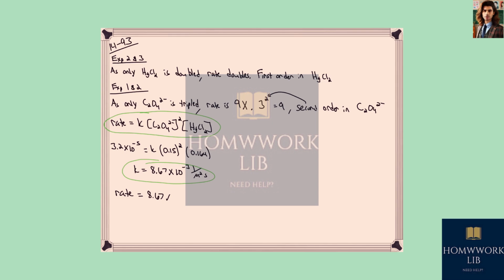Now for the last part of the question, it wants to know what the reaction rate will be, assuming everything stays constant except for a change in the concentrations of the reactants. If everything stays constant, namely the temperature, then the rate constant will also be constant, and we can calculate the rate using the rate constant we just determined and the concentrations that are provided.